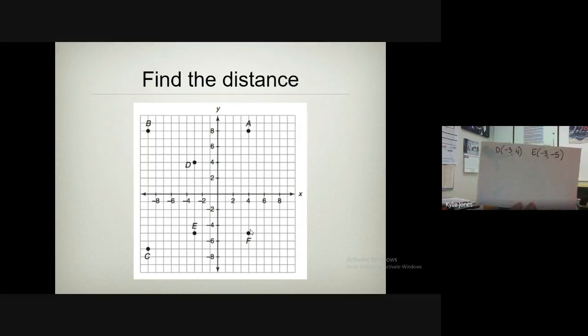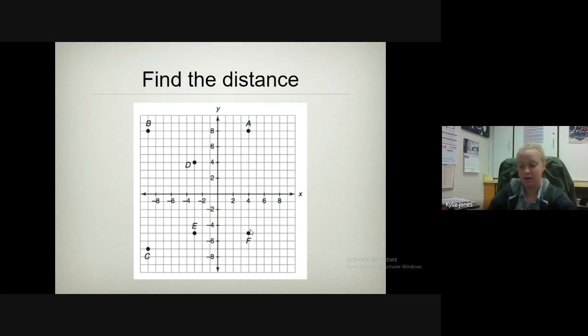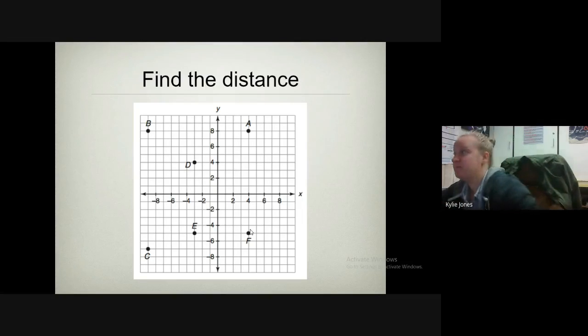Okay, so these 2 points, if you're looking at me on the screen, you have point D and point E. I want you to find the distance on this one. Try it on your own first. I'll give you about 3 minutes to work on this one, and then we will talk about it. So find the distance between D and E. Okay, keep it to yourself for now, and then we'll review it, okay?